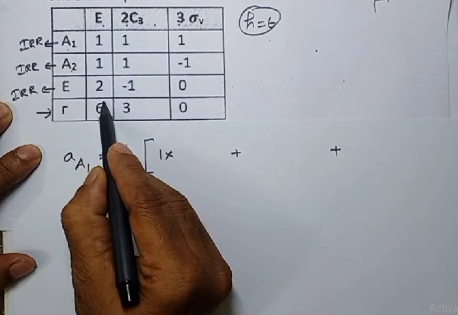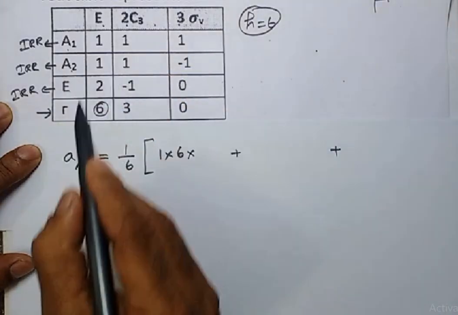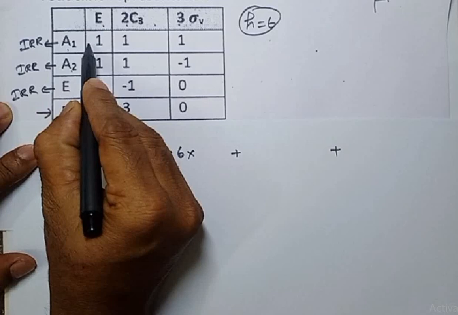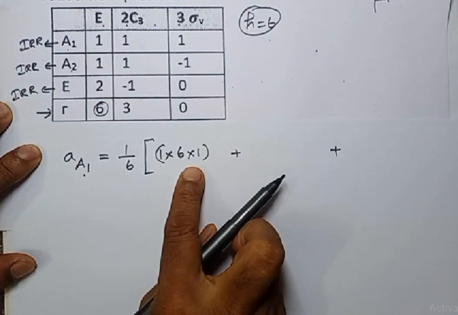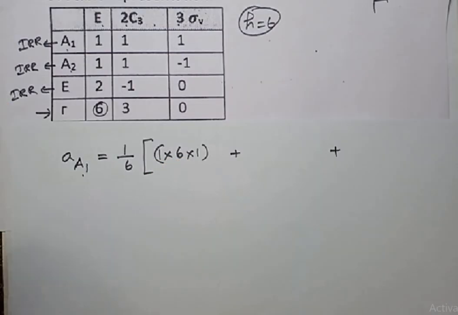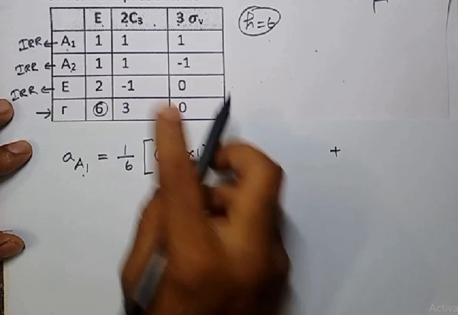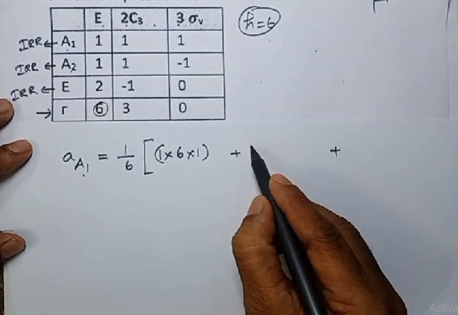Along class 1, what is the character? 6. Into the character of the irreducible representation: for A1, below E, see the number, that is the character of the irreducible. So this is n_R, chi_R, chi_i. Listen, now in a similar manner, I'll take class 2. In class 2, we have two operations.